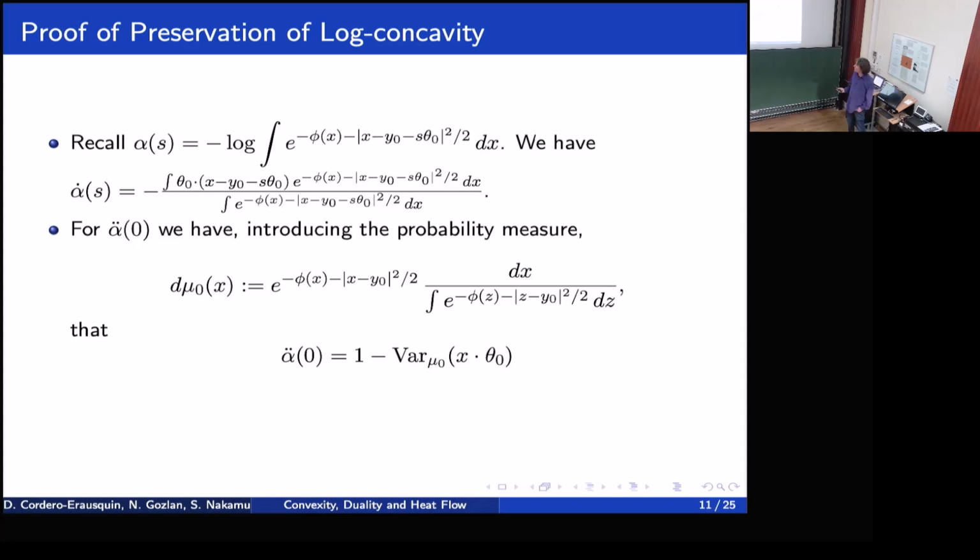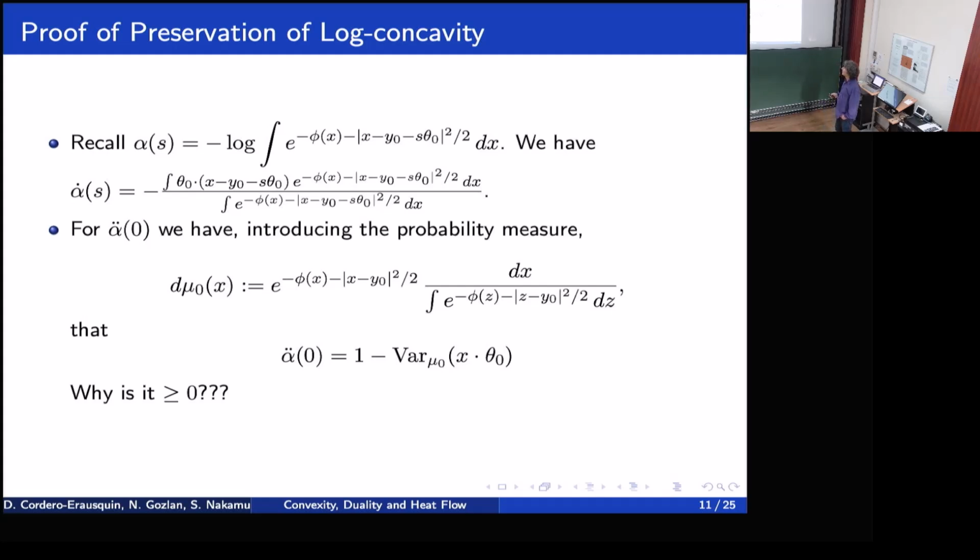If you look at what is going on, you will get the variance of this plus a constant, theta 0 y0, that I took out. You really get the variance of this function x theta 0, as a function of x. Believe me, many of you have done this computation more than 100 times. I did at least. So this is the formula. And now the question is, why is this non-negative?